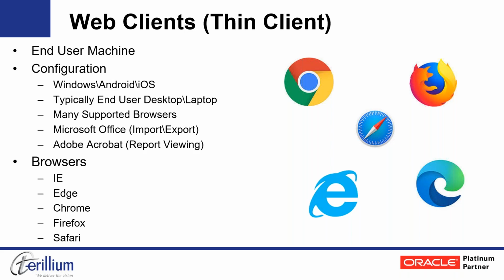And then the web client, or really the end user machine, basically that's just a browser. We support several different browsers, i.e. Edge, Chrome, Firefox. What we'll normally recommend is a client go ahead and select one of those and try to keep to it. All of these browsers have different finicky parts and different security aspects.